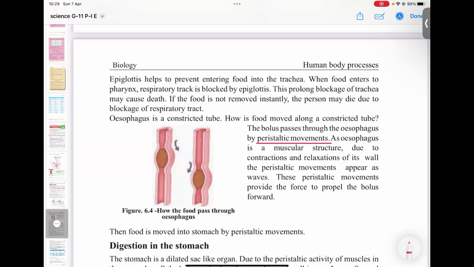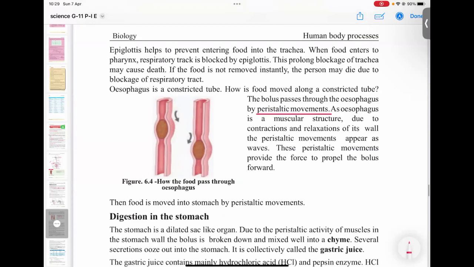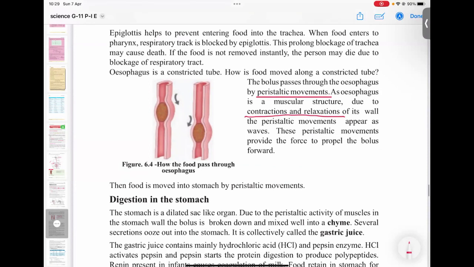It's not that important. Just remember the bolus will be passed through the esophagus by peristaltic movements. Here you have its contractions and relaxations. It's like a force that will help the bolus to be propelled forward.